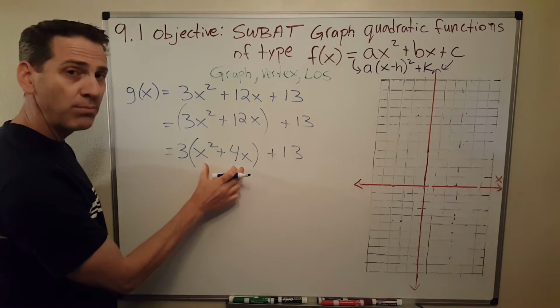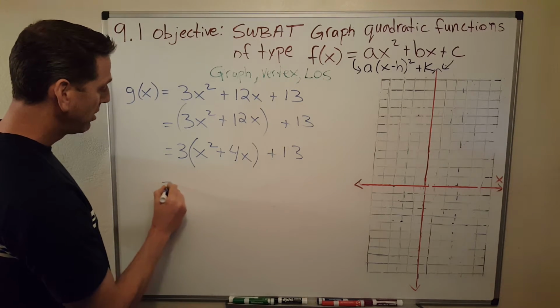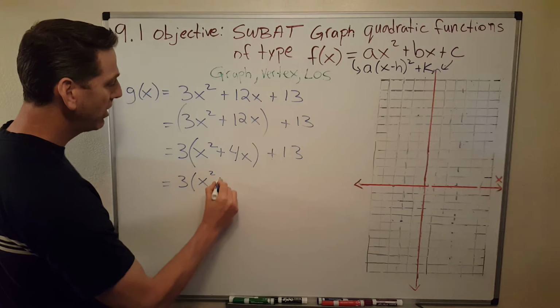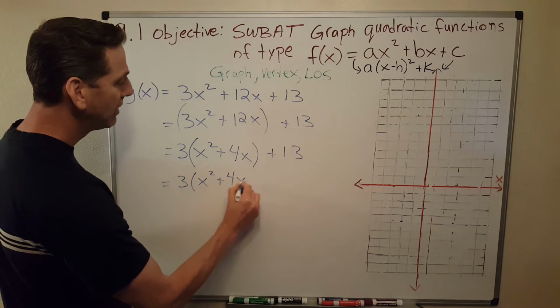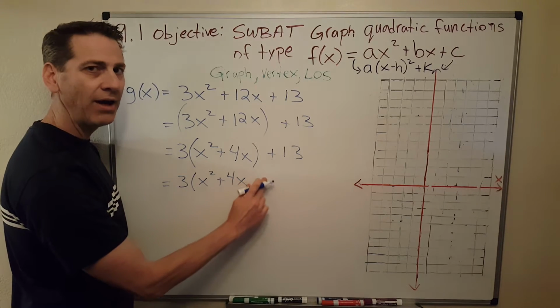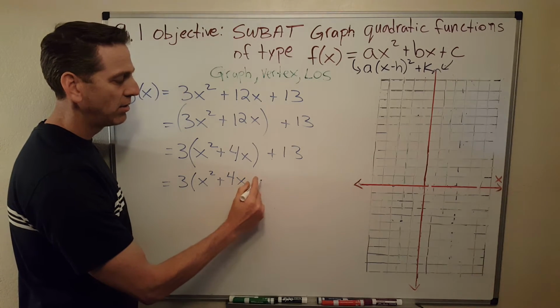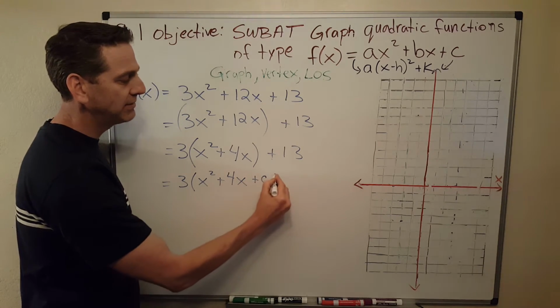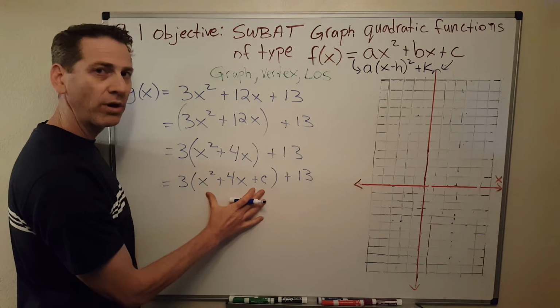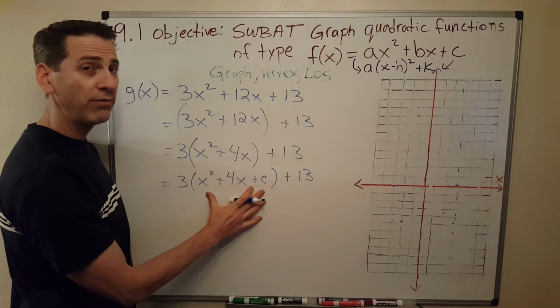Now we can complete the square here. So this is going to be 3 times x squared plus 4x. Now I need to know what my c value needs to be. What does that c value need to be for this to be a perfect square trinomial? Do you remember the formula?